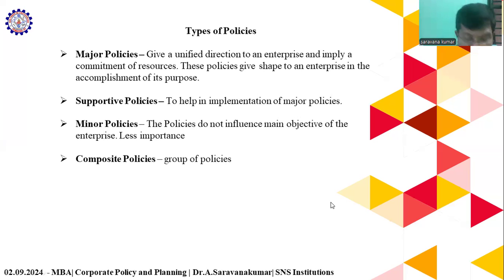These are the types of policies you frame in an organization to achieve the objective: major policies, supportive policies, minor policies, composite policies. These are very important in every organization. Thank you all for watching.